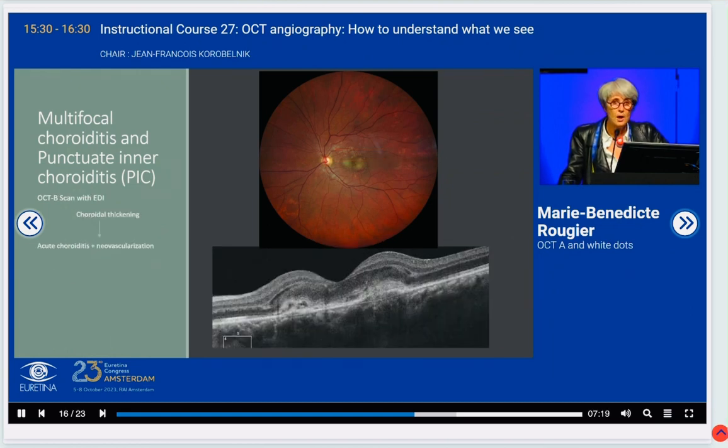But if you perform also an EDI B scan, you can also see that there is a choroidal thickening, which means in this case that you have probably an acute choroiditis already complicated with neovascularization with inflammatory new vessels.